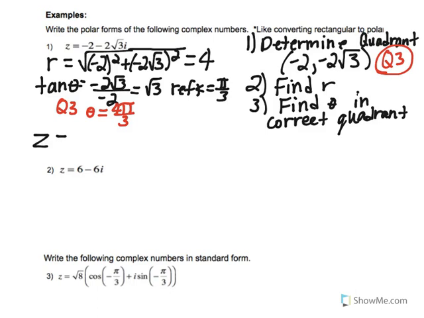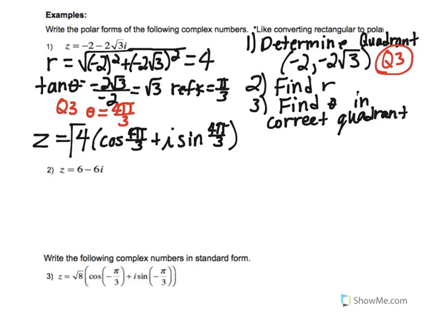Therefore, instead of just writing 4 comma 4 pi over 3, we're going to write 4 times cosine 4 pi over 3 plus i sine 4 pi over 3. And that's going to be how we would represent it in polar form. There's going to be a lot of good operations we can do with this and things that would actually be a little tougher to do in the rectangular format.